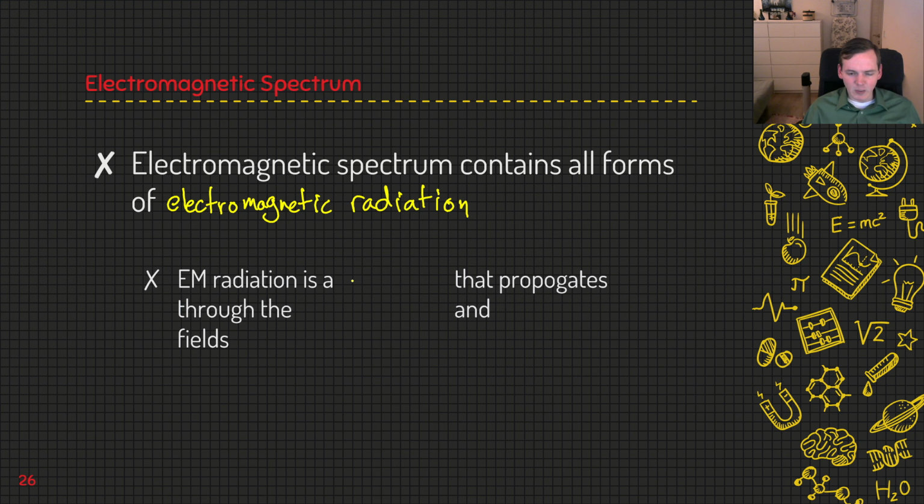And electromagnetic radiation is a wave that propagates through the electric and magnetic fields. And in a couple units, we'll talk about electricity and magnetism, and you'll get a better understanding of this. But for now, you can just imagine it's non-physical stuff, and this is just a wave through that.